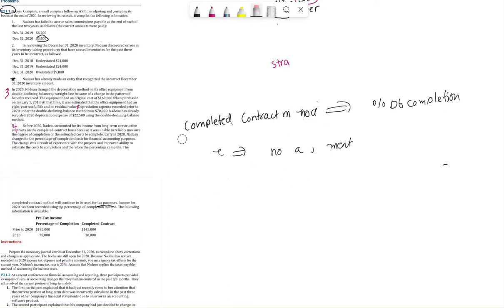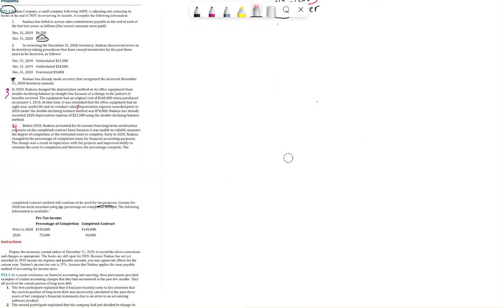If it's a change in estimate, no entry is required. So no adjusting entry is required.